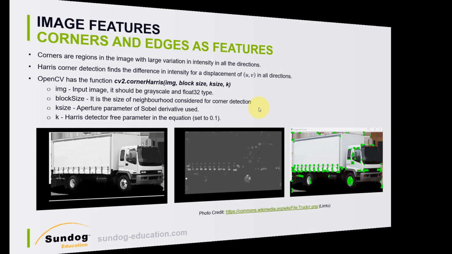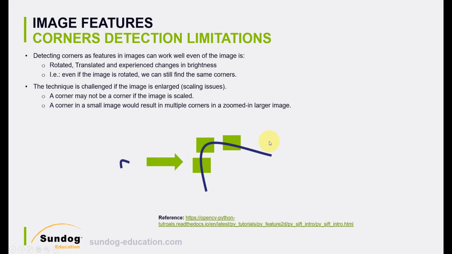The last step is: what are the corner detection limitations? Detecting corners as features in images can work well even if the image is rotated, translated, or experiences any change in brightness.